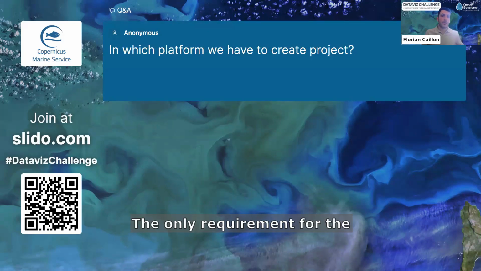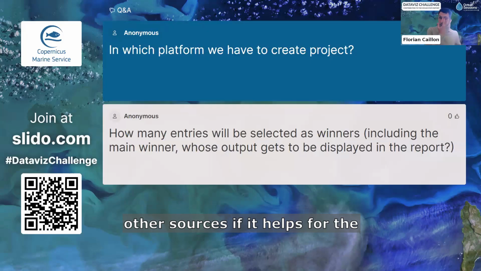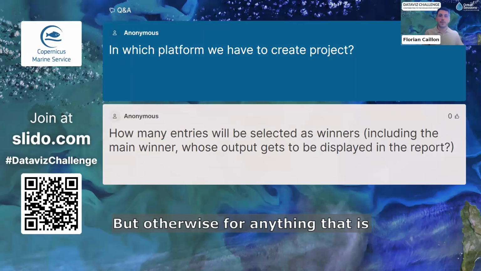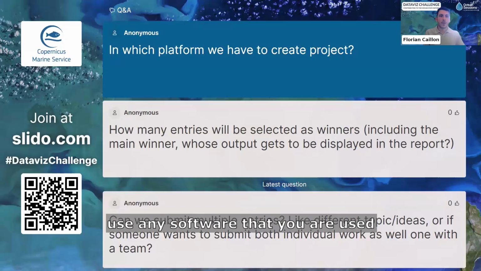The only requirement for the visualization is that you use Copernicus Marine data. You can also complement it with other sources if it helps for the story of your design. But otherwise, for anything that is visual or design oriented, you can use any software that you are used to.